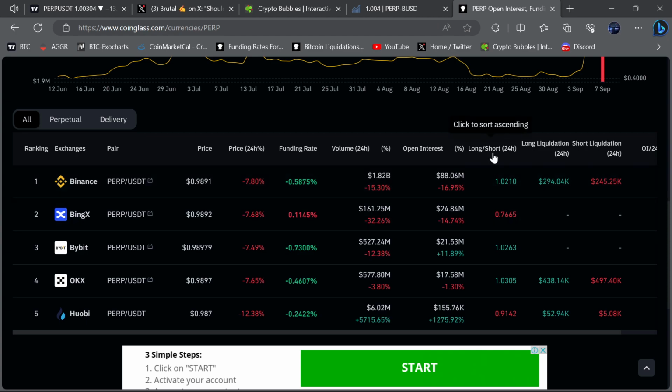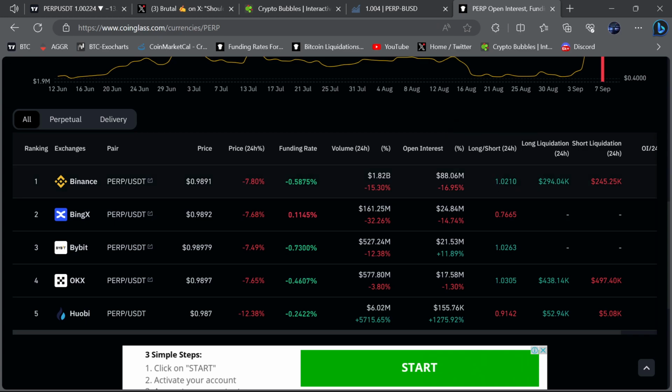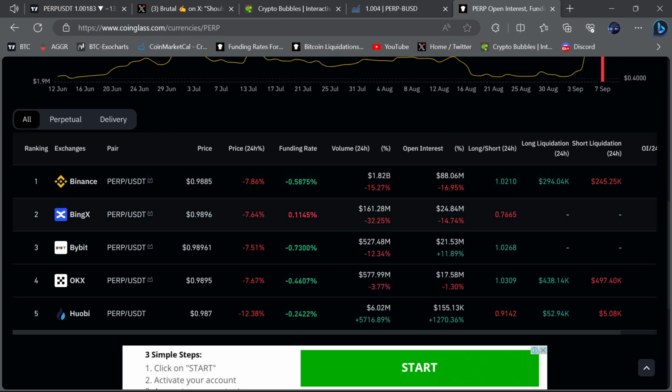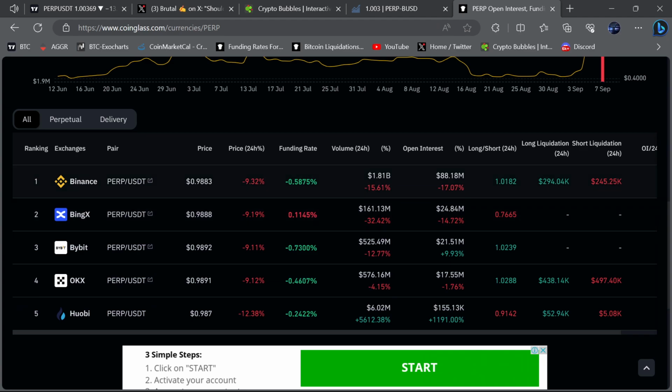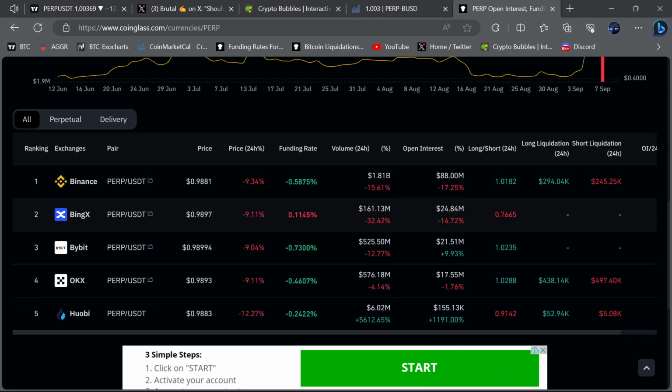Also look at long short ratio, it's 1.0210. So the people who are basically sending the perp to the upper side, those are just your BITGET perpetuals. They are just longing over here, and their volume is $161.13 million, and their open interest, a lot of longs over here.